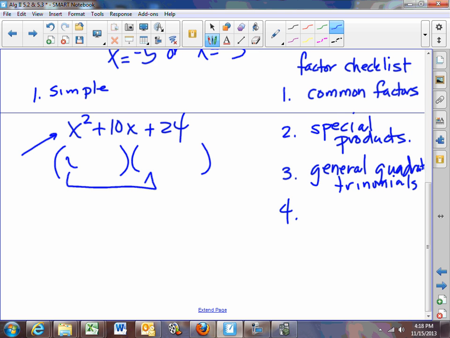It's pretty obvious they have to be x and x. Now, we know that these 2 numbers multiplied together to give 24, and when we did the outer and the inner, we added those same 2 numbers together to get 10. So the question you ask yourself now is, what 2 numbers multiply to give 24 and add to give 10? And the answer is 4 and 6.